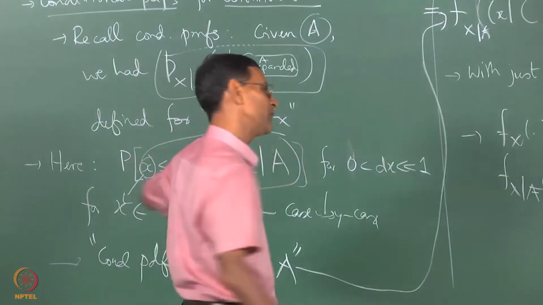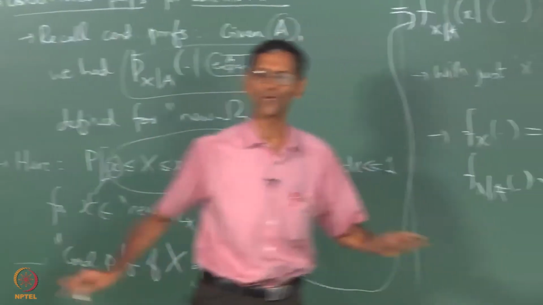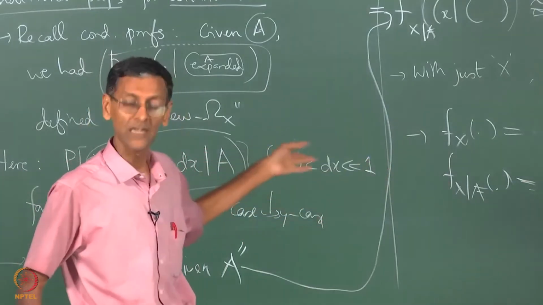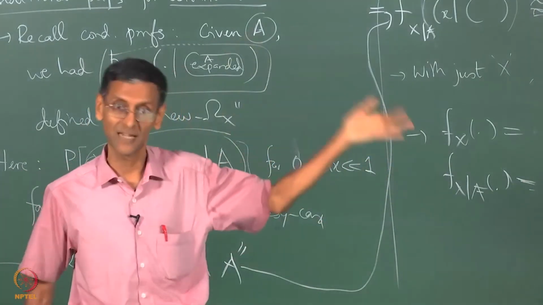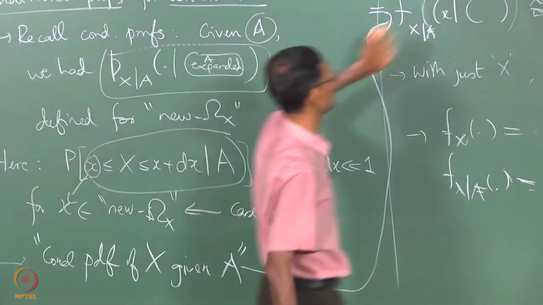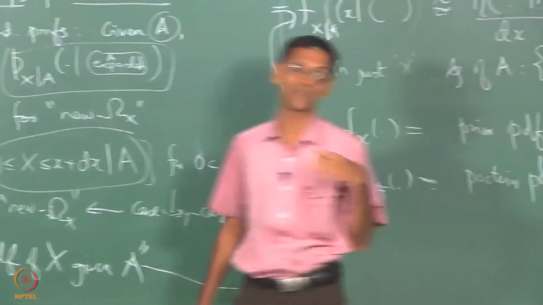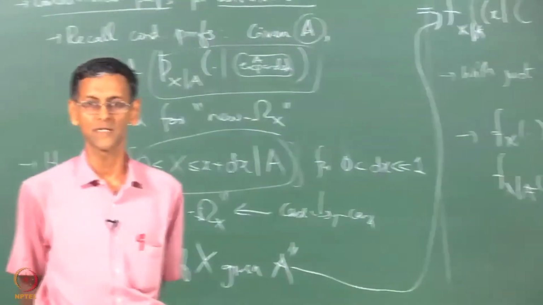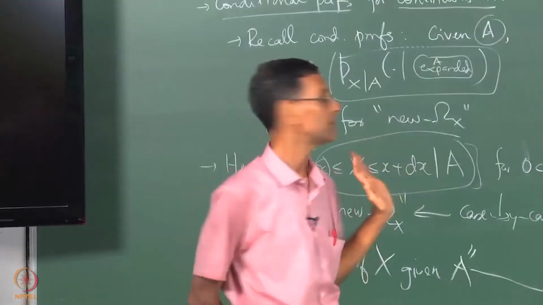If you knew for sure that the device is not going to work beyond a certain time frame, then obviously you cannot condition on an event which is impossible, that is, put x naught bigger than that time frame. So in all of this we assume that conditioning on this event A makes sense. Otherwise the conditional probabilities and conditional PDFs cannot be calculated.